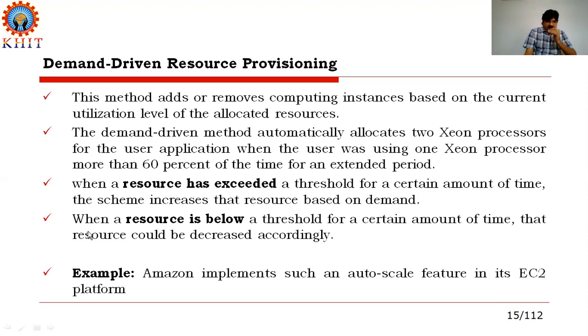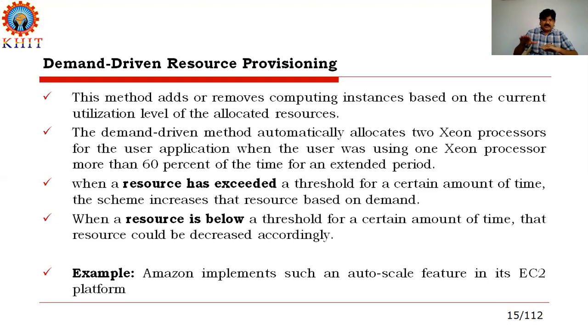When the resources are extended, there is a threshold value. When it reaches the threshold value, the resources automatically increase. When it is below the threshold value, the resources are automatically scaled down. So increasing and decreasing resources is mainly based on the threshold value.